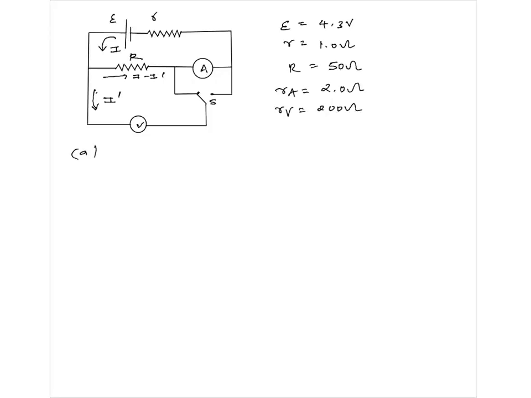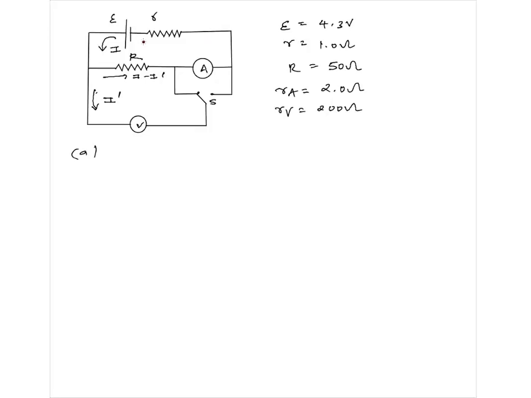Okay. Let's start from here. We have got several choices as far as loops are concerned. Let's go for the top loop and the lower loop. So for the top loop, let's go from here.